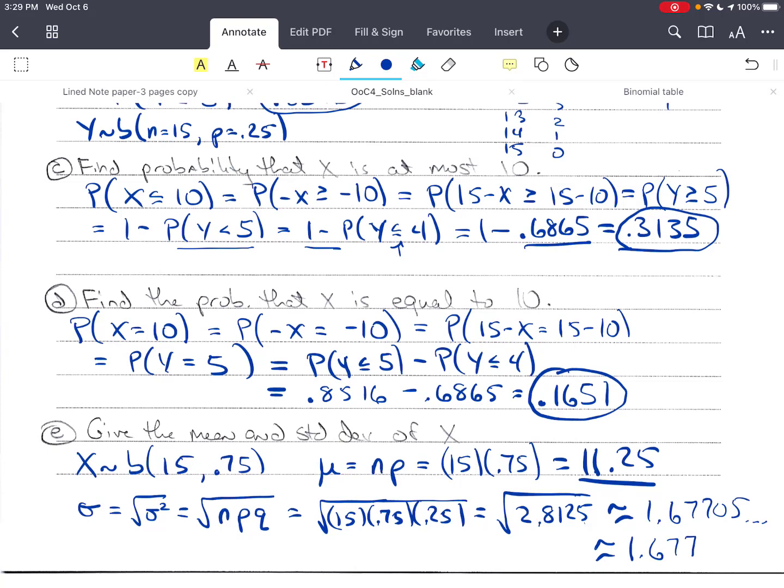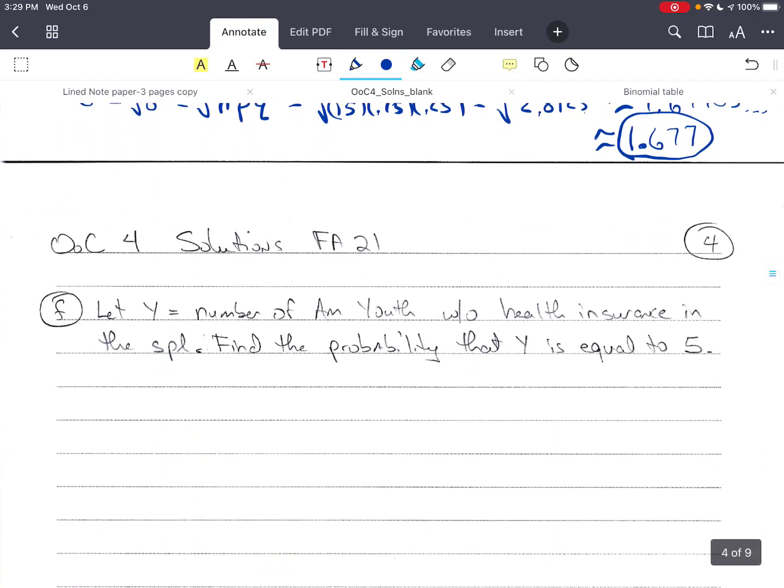Now, I'm going to give 3 decimal places, but you could argue that we only need 1 since x is a whole number, right?